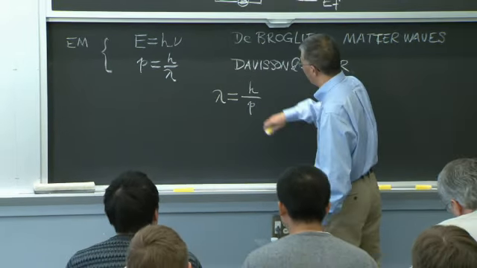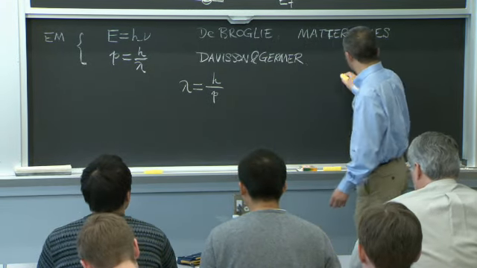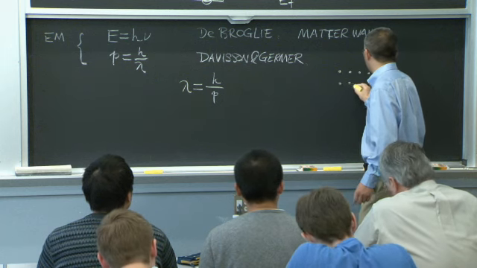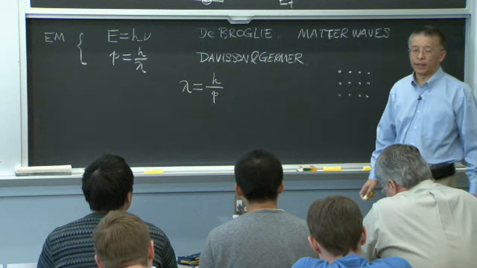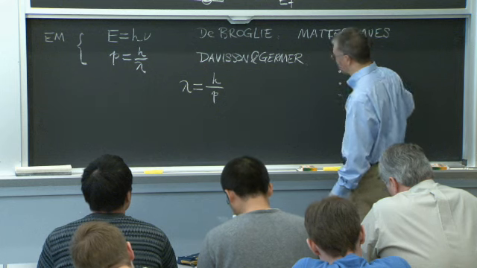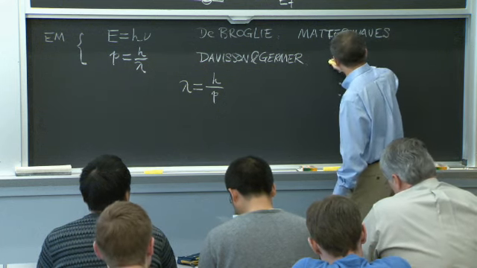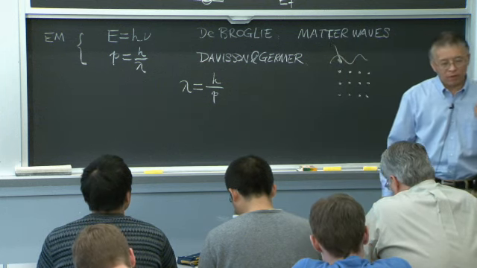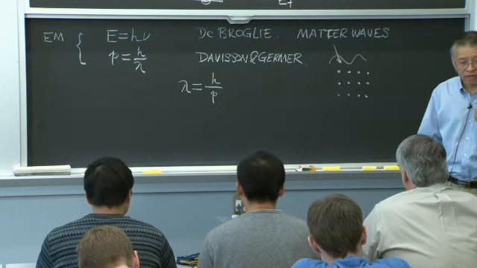Okay, so lambda equals h over p, and what they did is shoot the electron at aluminum foil. Aluminum foil has atoms in a periodic arrangement. So when a wave comes in and sees a periodic structure, you have constructive and destructive interference, you have diffraction.